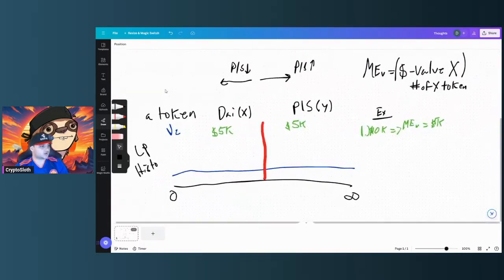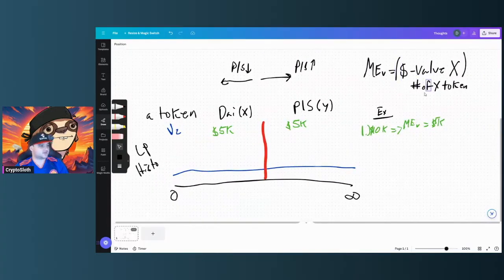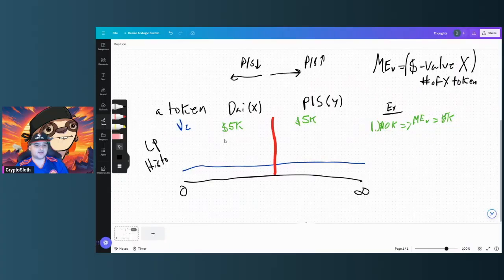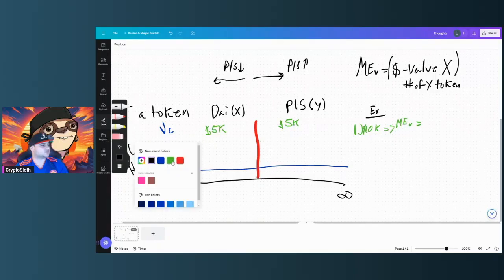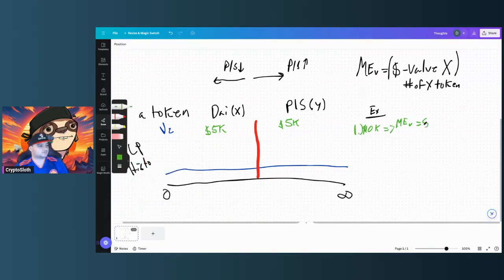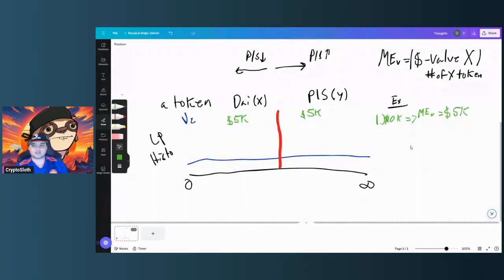So MEV equals the dollar value of X or the number of tokens of X. In this case, because in our example it's a stable coin, $5,000 worth of DAI is 5,000 DAI tokens. So MEV equals 5K, or 5,000 DAI tokens. Okay. All right. So that's the initial setup, and this is pretty straightforward.